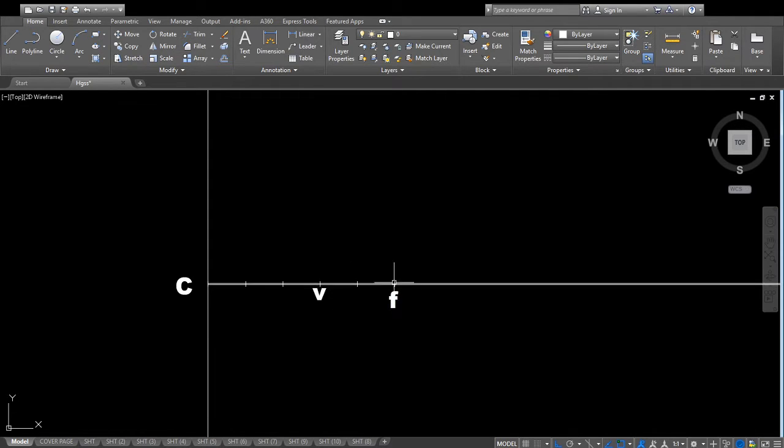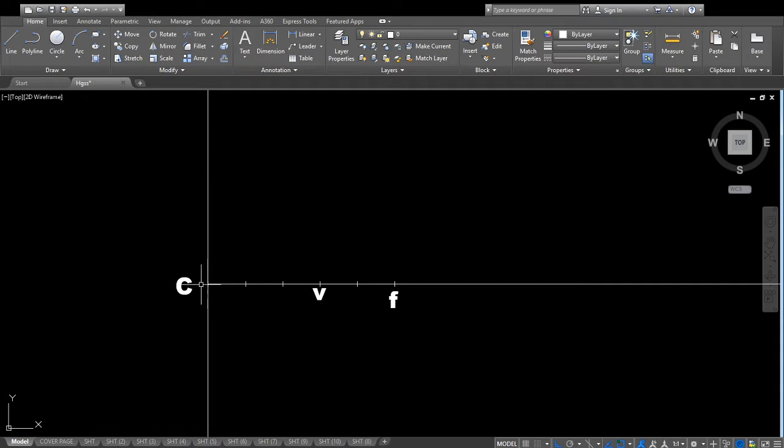If this distance is 70, then you measure 70. If it's 80, you measure 80. But in the question it is 50, so we measure 50. If you look at the ratio 2/3, if you add 2 plus 3, it will give you 5.